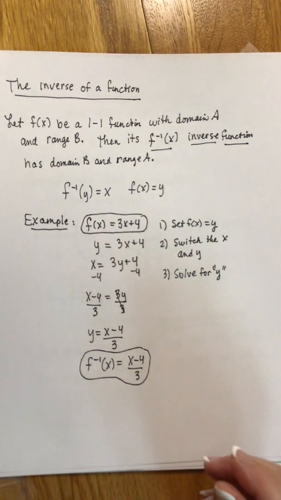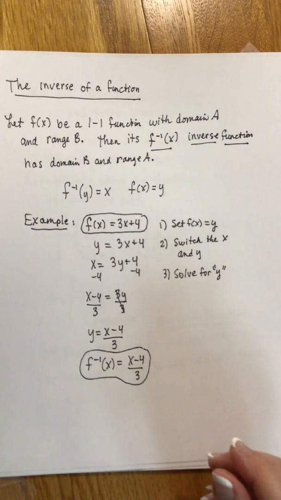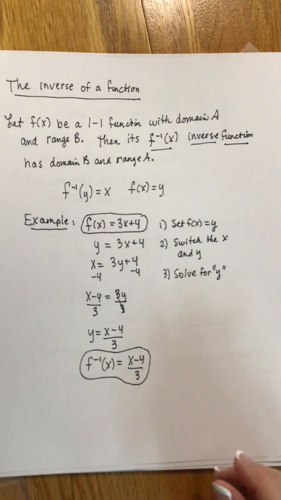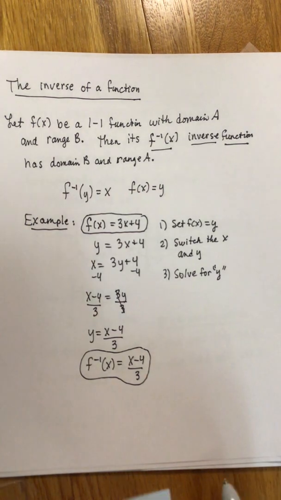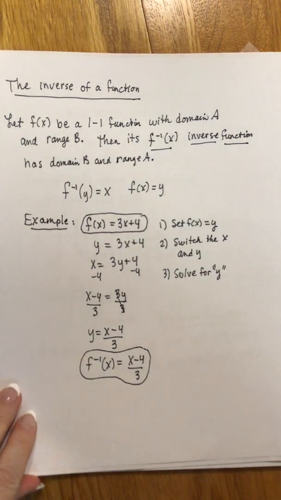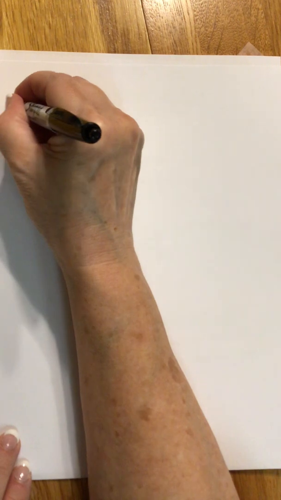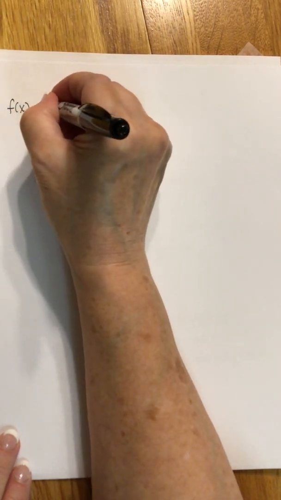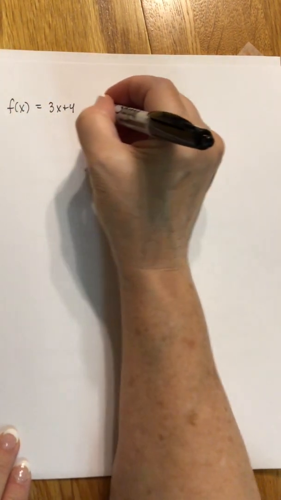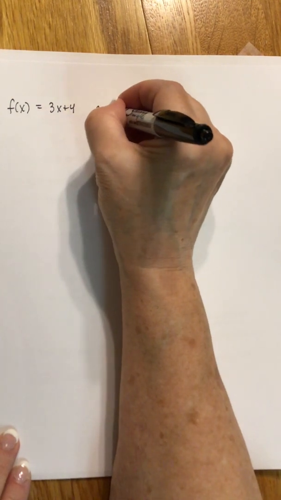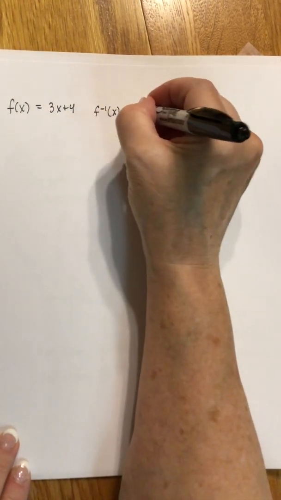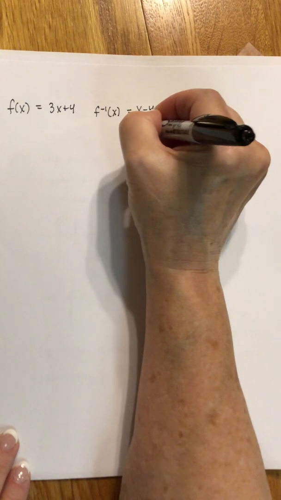Now, one of the things that we can do to show that two things are inverses of each other is to do what we call the composition function. So we're going to write these two functions down first and prove to you that our answer is correct. So we've got f of x equals 3x plus 4, and we've got f inverse of x equals x minus 4 over 3.